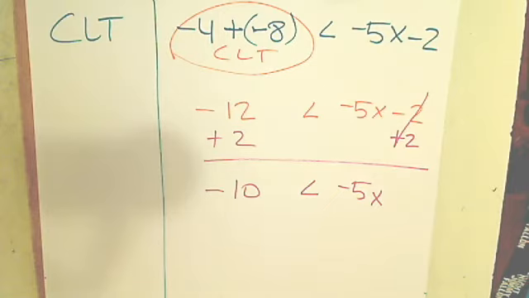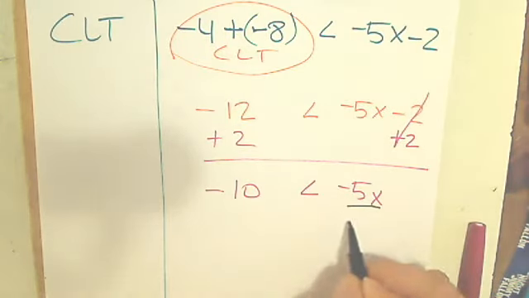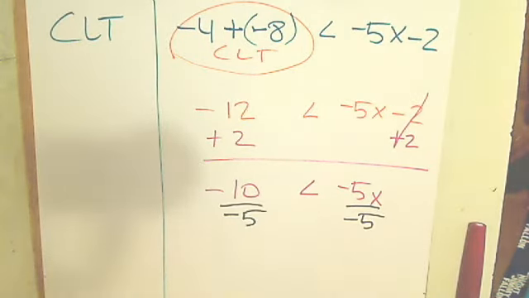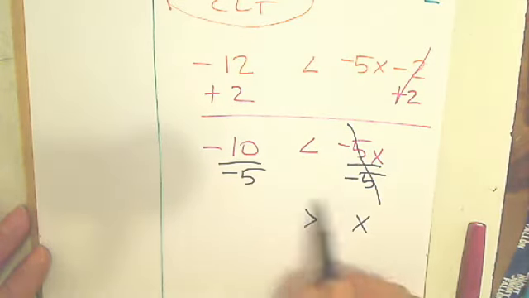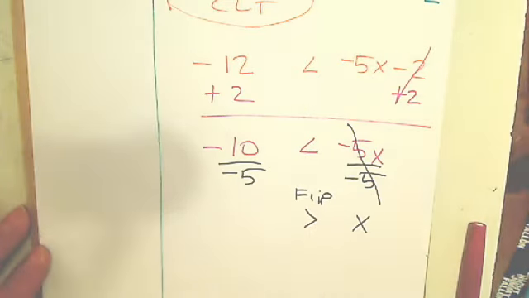Now, if you can already see what the next few steps are, you have to flip the sign twice. Eventually I'm going to keep the sign the same. That's why I was trying to verbalize what you're doing next, so you can rationalize it in your head. The negative 5s cancel out, the x comes down, and the sign flips here because we divided by a negative.